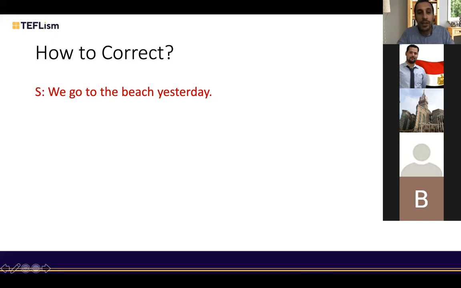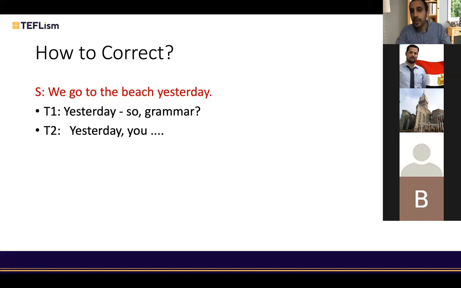So these are 5 techniques of how to correct errors. So the first one, prompts. The second one, we can say repeating the utterance or repetition, but you pause before the error and use your facial gestures.